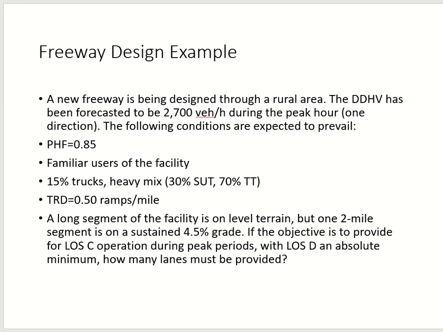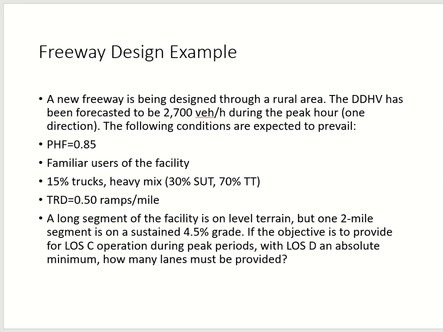The objective is to find level of service C, but D is also acceptable. Okay, so the aim is to have level of service C, but for some reason if you settle for D, it's acceptable.